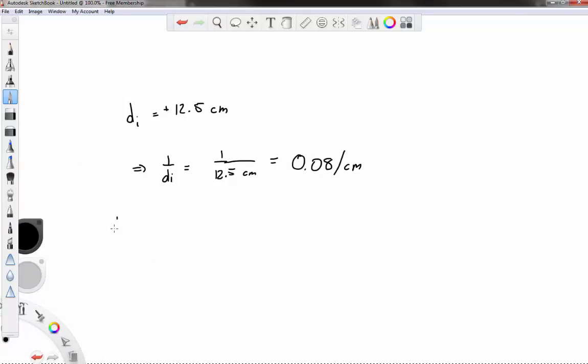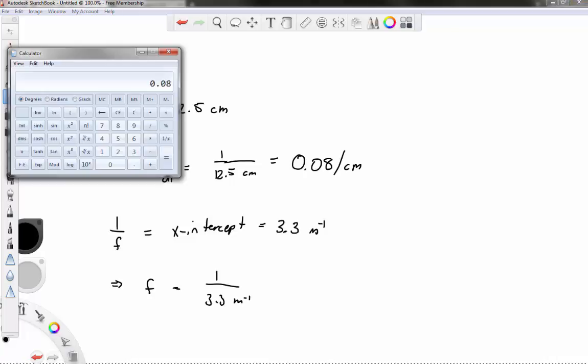So 1 over f is equal to the x-intercept, which is equal to 3.3 inverse meters. Therefore, f must be 1 divided by 3.3 inverse meters. So basically 3.3, we take the inverse of that and you get something like this.